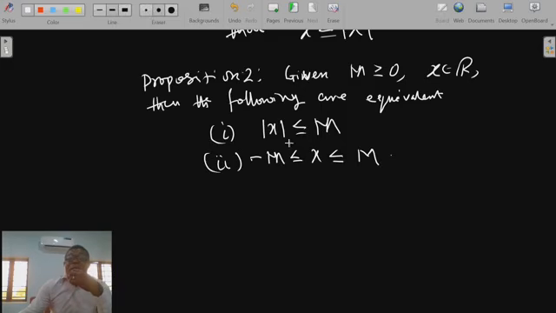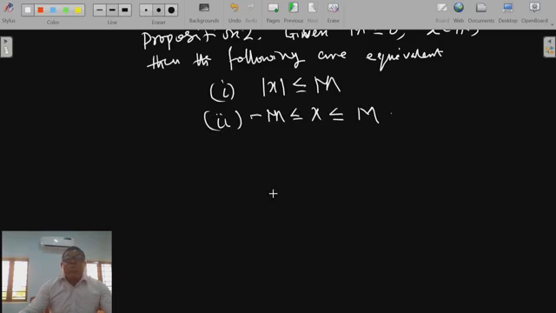Then next, one should assume that this is true and prove that 1 holds. Equivalence means that this if and only if this. So you assume that 1 holds and show that 2 also holds. And next you assume that 2 holds and show that 1 holds. I think it is a good exercise to do.